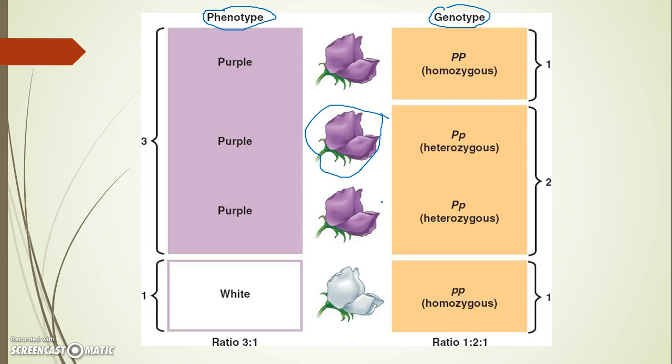There's no in between. And this here is the same as the one above, and the one down here at the bottom has 2 lowercase p's, which means it has 2 white alleles, and that is the only way you can have a white flower, is when you have 2 white alleles, because that is recessive. So you need 2 recessive alleles to show the recessive characteristic.